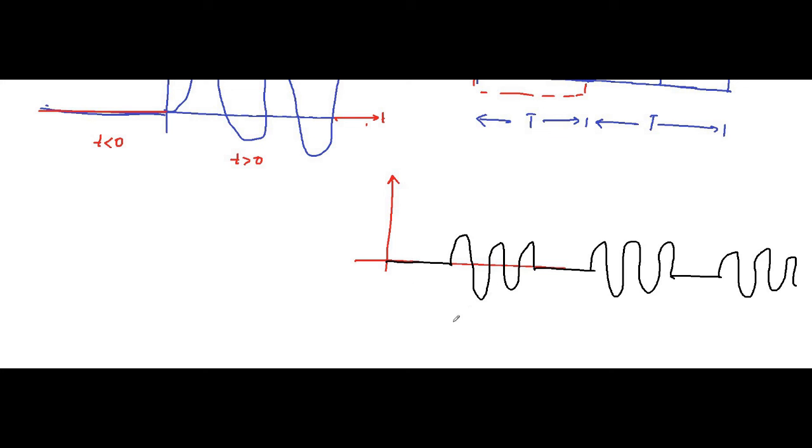Then this is a periodic signal with the total period from this point to this point, and this is the particular pattern which is getting repeated on and on. This is a periodic signal.